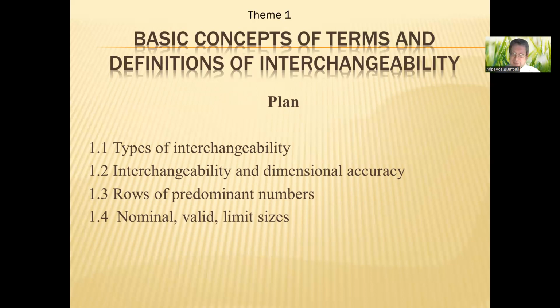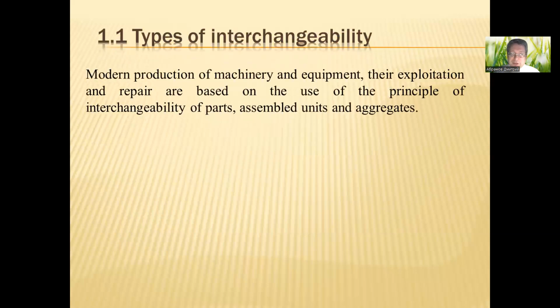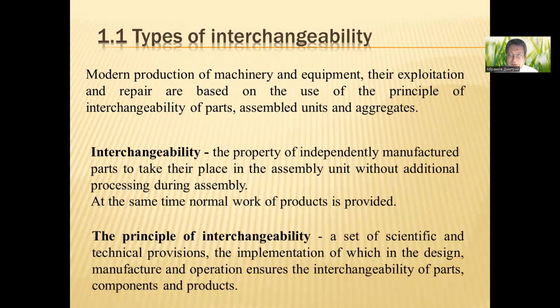So we can start. Item 1.1 Types of interchangeability. Modern production of machinery and equipment, their exploitation and repair are based on the use of the principle of interchangeability of parts, assembled units, and aggregates.